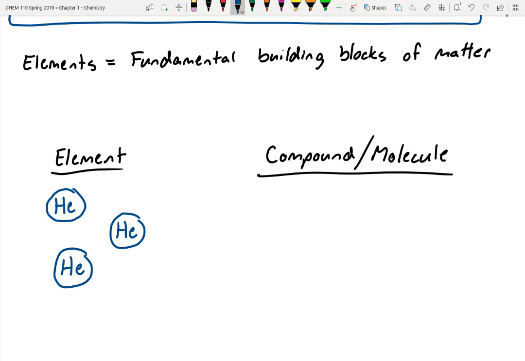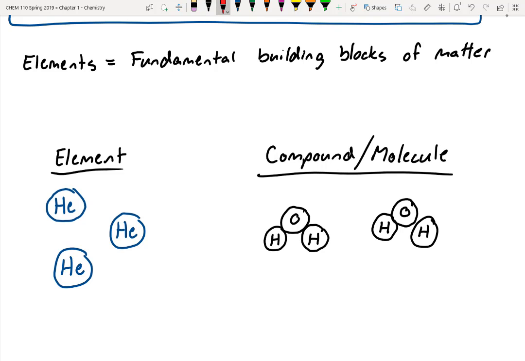Versus a compound, like water, we would have a hydrogen atom that's directly bound to an oxygen atom that's directly bound to another hydrogen atom, like that in space. And then over here we might have another water molecule, but they're always, always, always stuck together. So two or more elements stuck together.